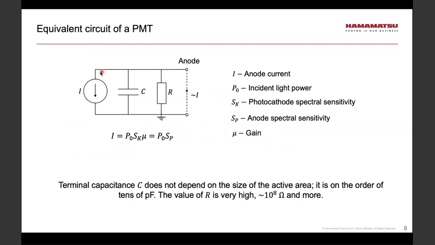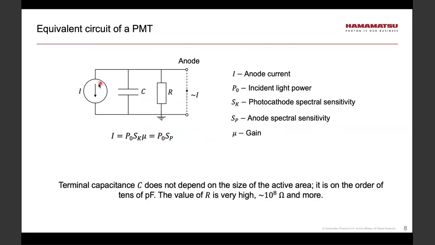So it consists of a current source, which produces a current given by the equation below, where P_0 is the incident light power, S_K is known as cathode spectral sensitivity, and mu represents the intrinsic gain of the device. Sometimes in case of a PMT, we can combine S_K and mu and call that anode spectral sensitivity.